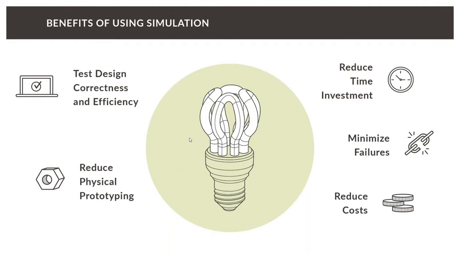Usually these are companies which are offering the same products, a little bit customized to different companies. And for them, it's really crucial to be able to test if the product is still working like it should. And finally, as I mentioned, it allows us to reduce costs, because we can reduce physical prototyping on the one hand, and on the other hand, as it's minimizing failures, this is also reducing the costs.